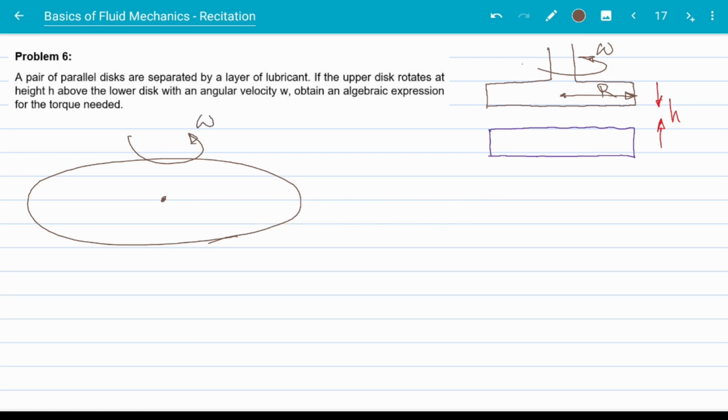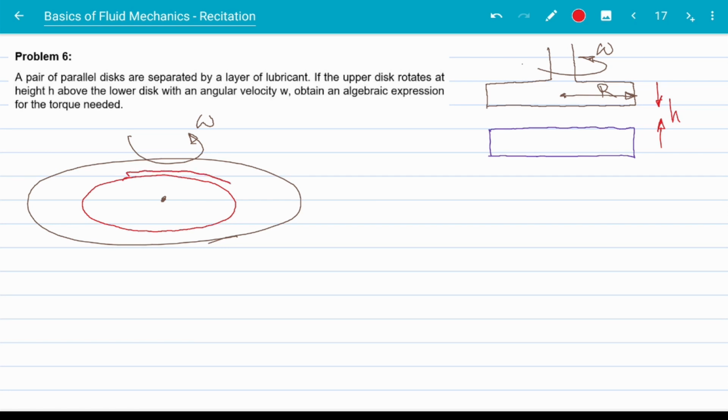Now let's take a look at a fluid element adjacent to this disc. First thing first, this is a disc rotating about its center. So based on experience, it is best to use the cylindrical coordinate system here. Now the fluid element that we want to take in a cylindrical coordinate system looks like a ring.